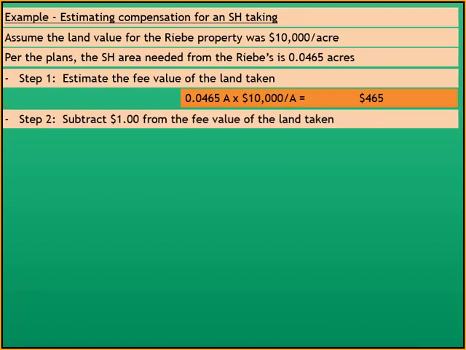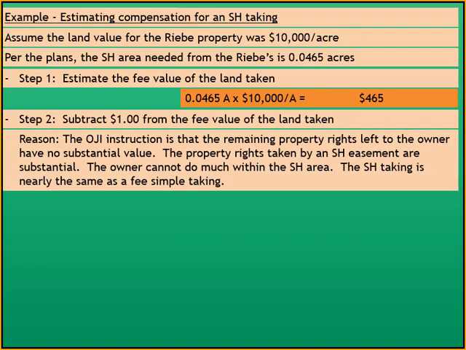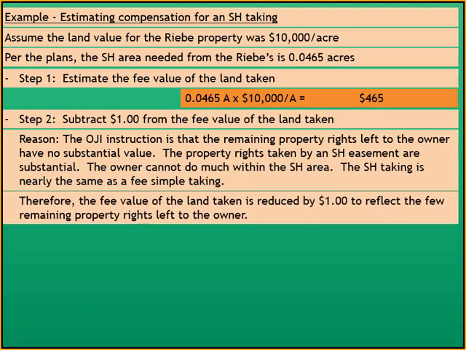Step 2, we're going to subtract $1 from the fee value of the land taken. And the reason we do that is the Ohio jury instruction is that the remaining property rights left to the owner have no substantial value. The property rights taken by an SH easement are substantial. The owner cannot do much within that SH area. The SH taking is nearly the same as a fee simple taking.